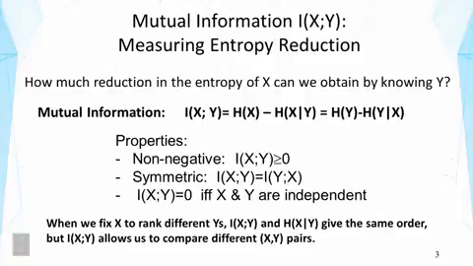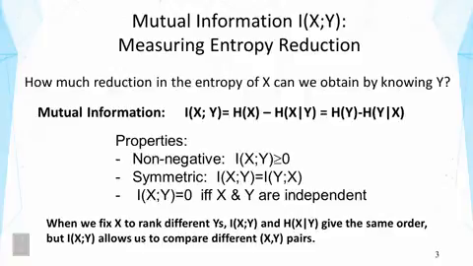And this last property can be verified by simply looking at the equation above. It reaches zero if and only if the conditional entropy of x given y is exactly the same as the original entropy of x. So that means knowing y did not help at all. And that's when x and y are completely independent.